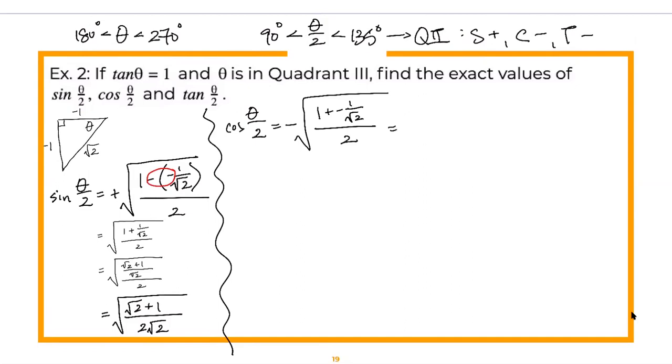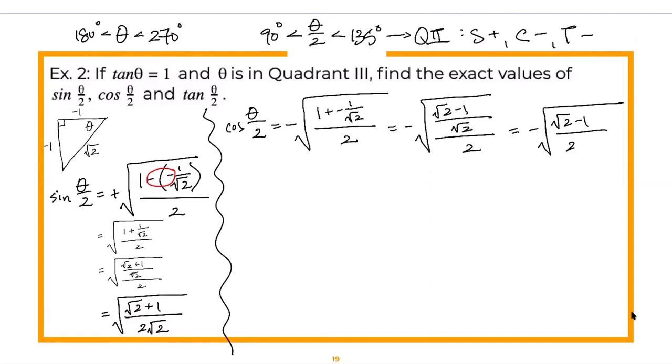This is going to give me negative root 2 minus 1 over root 2 all over 2, or we can write this as negative root 2 minus 1 over 2 root 2. So very similar to the sine one, except I have this different sign in the front, slightly different signs on the inside.